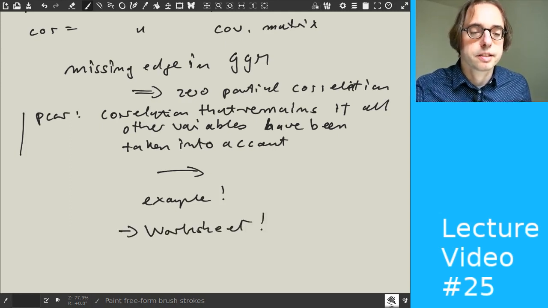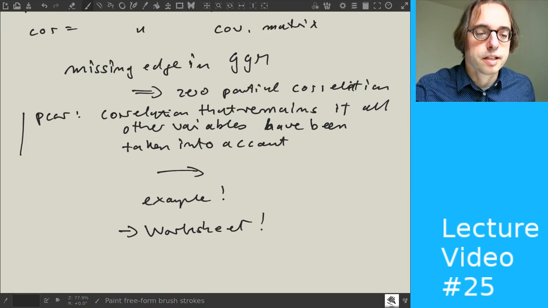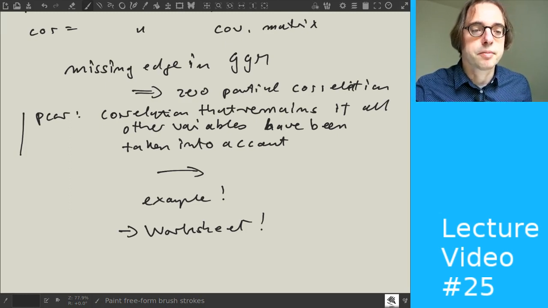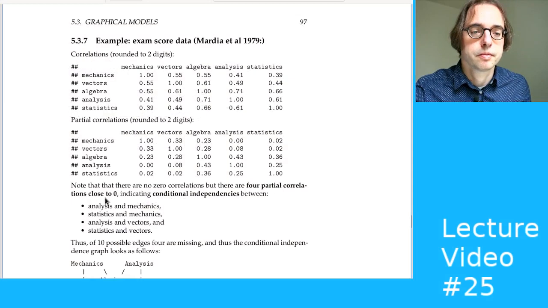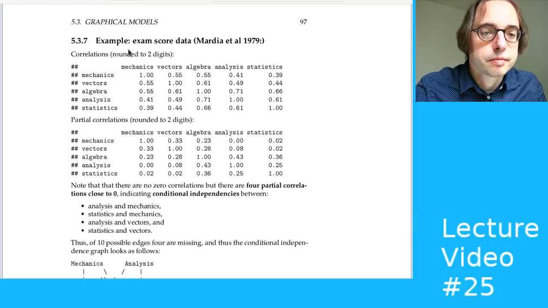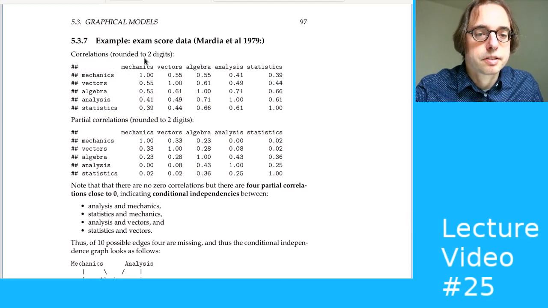So let's go to the example. That's a famous example from a very famous textbook. This is some exam score data. You have several subjects, and you can see here the correlation between the subjects or the exam results.